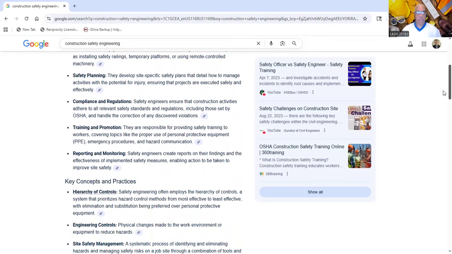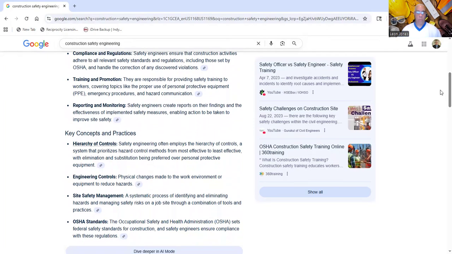Also, when it comes to reporting and monitoring, safety engineers create reports on their findings and the effectiveness of implemented safety measures, enabling action to be taken to improve site safety. Now, under all of that, there are key concepts and practices such as the hierarchy of controls.